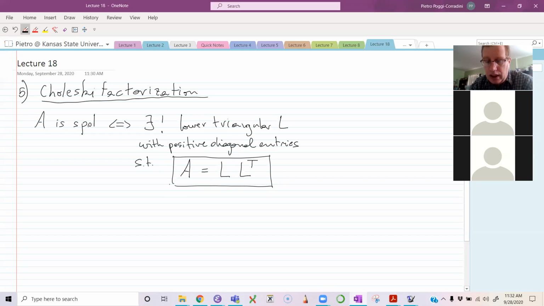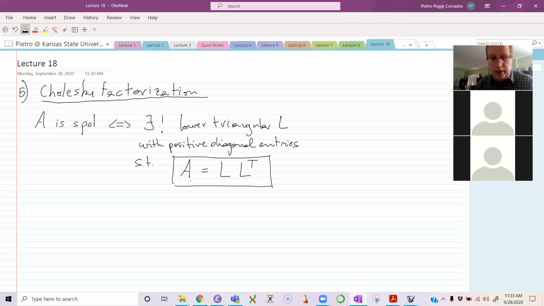And I was mentioning in passing that this is less expensive than LU by about a half. And you don't really need pivoting for stability here. All right, so let's go ahead and prove this if and only if.